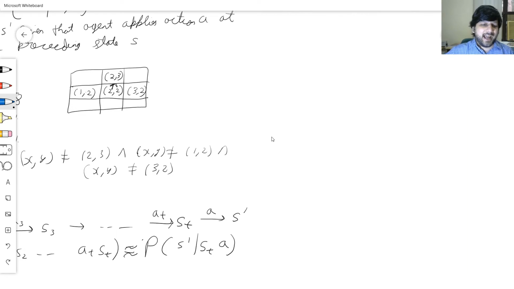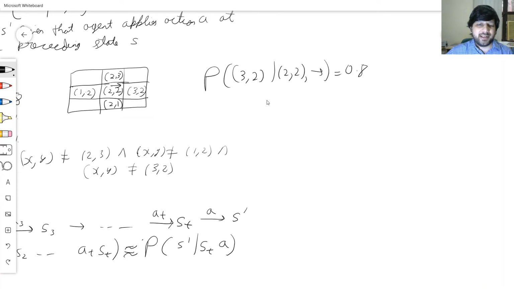And now let me, instead of action up, also take the other actions which are possible. So very quickly, just writing down the modeling. Instead of up, I take a right. So with 10% I go to 2 3 and with 10% I go to 2 1. So the probability of going to 3 2 given from 2 2 you applied a right is equal to 0.8.